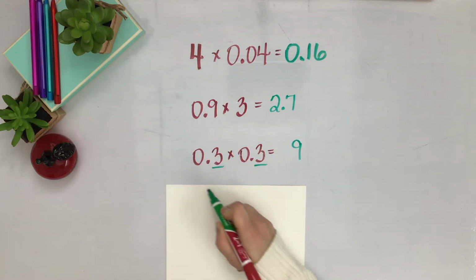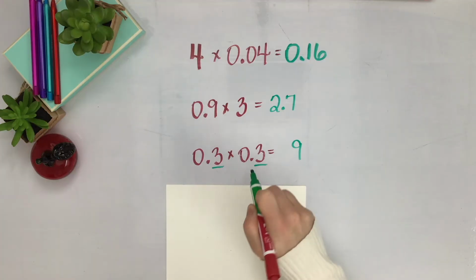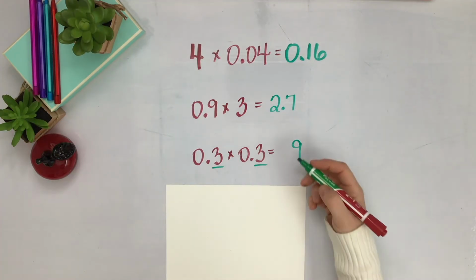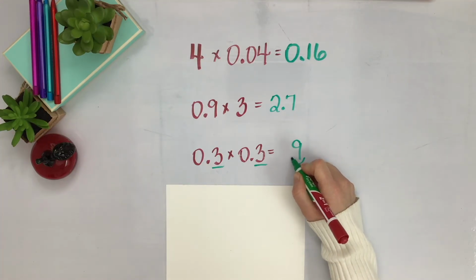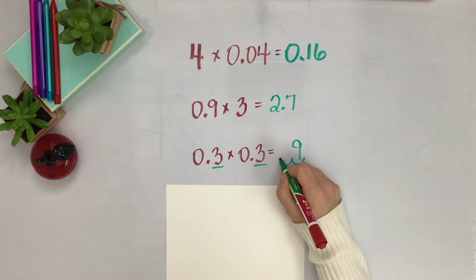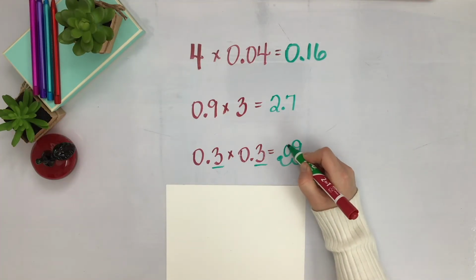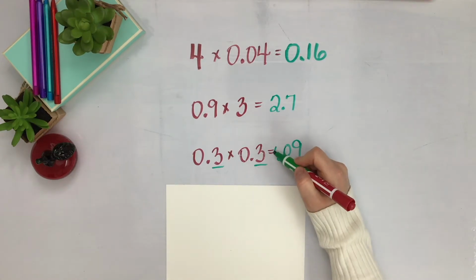So overall, my numbers are 10 times 10 smaller than their whole numbers. So this cannot be a whole number 9. It's going to have to be 10 times 10 times smaller. So my decimal is going to have to be here. So 9 hundredths is my answer.